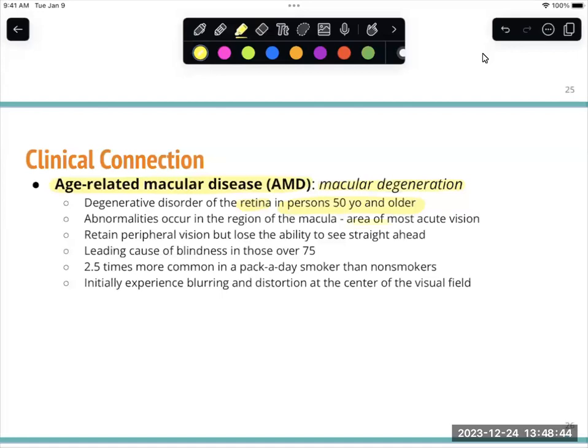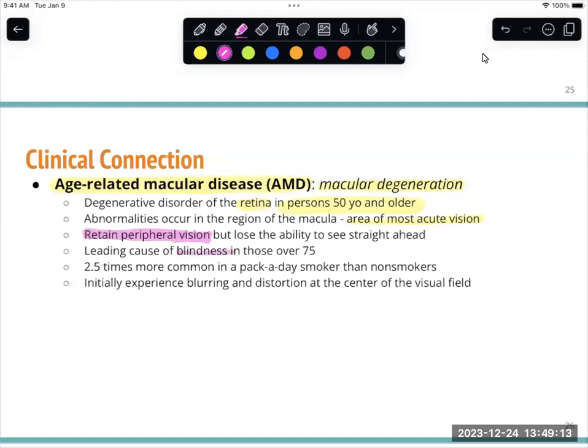And it's usually in that area of most acute vision, that fovea centralis that I showed. People can retain their peripheral vision because most of your peripheral vision is rods. They lose their ability to see straight ahead because that's where the cones are. Rods are more dim light. Cones are more straight back. Sorry, my bad, I said it backwards.